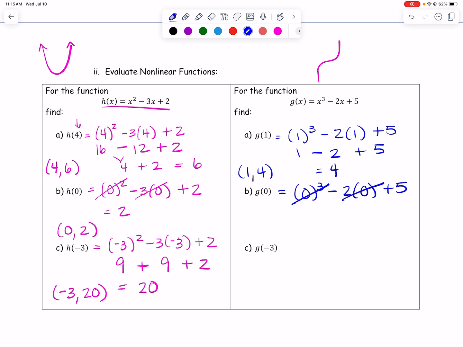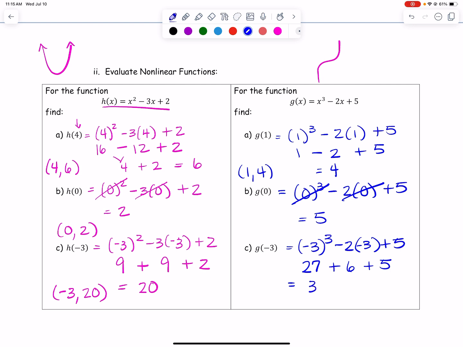That goes, and I get 5. And then negative 3 cubed minus 2 times negative 3 plus 5. And that is negative 27 plus 6 plus 5, which is negative 16. So negative 3 and negative 16.